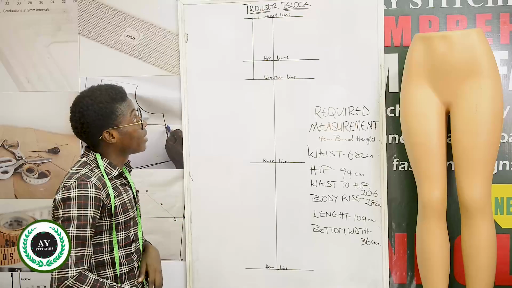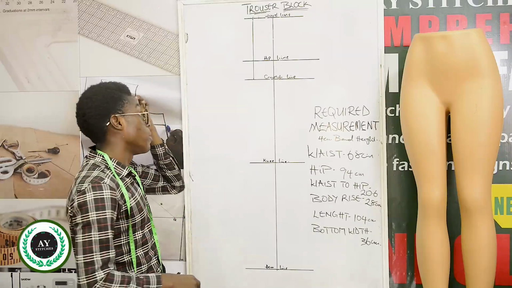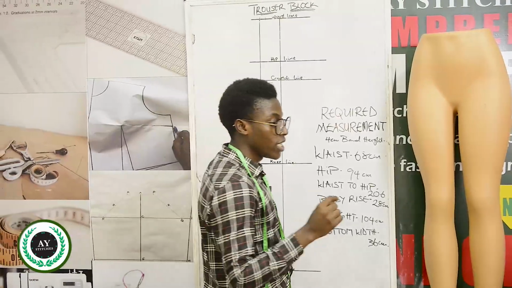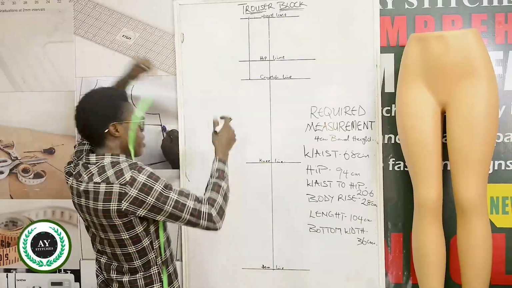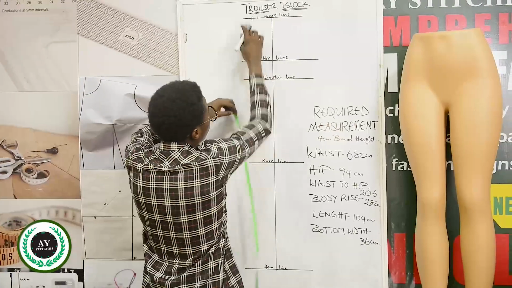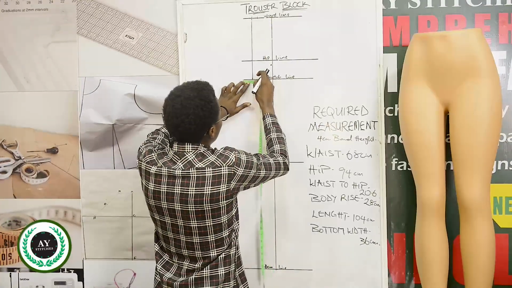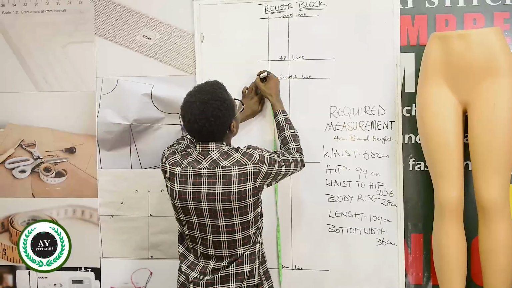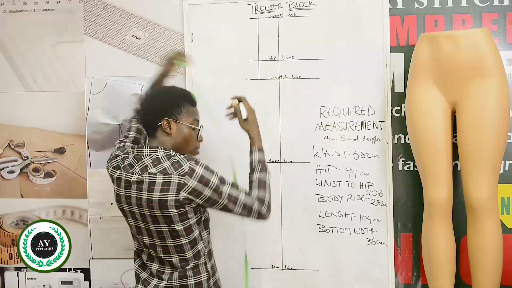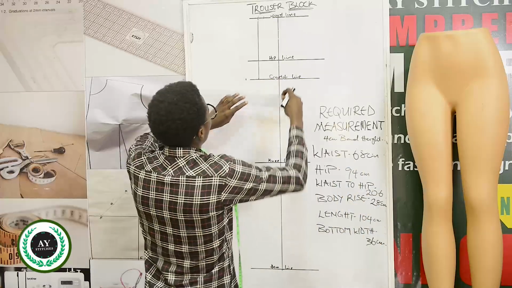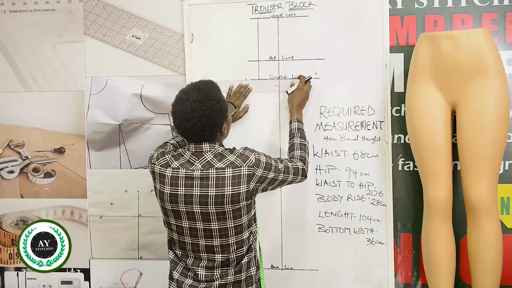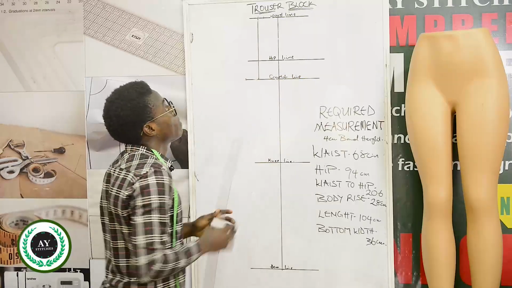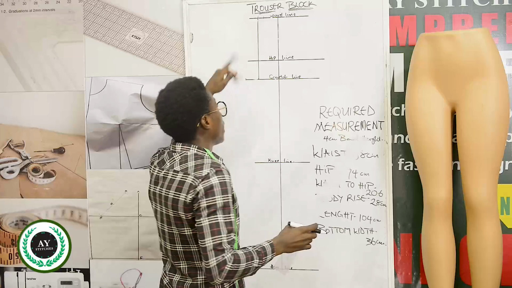So the next thing I need to get is 1/16 of my hip measurement. So 1/16 of my hip measurement minus 1 centimeter, which gives me what? 4.8. So you're going to be measuring from the squared up line at the crotch line, 4.8. So now that we have this, we need to get what?